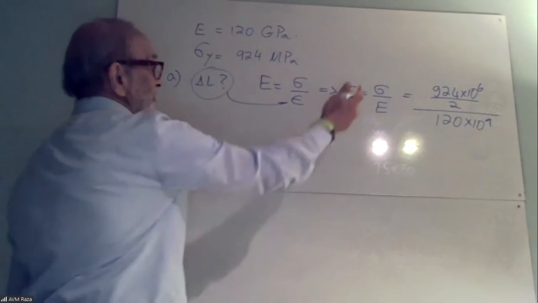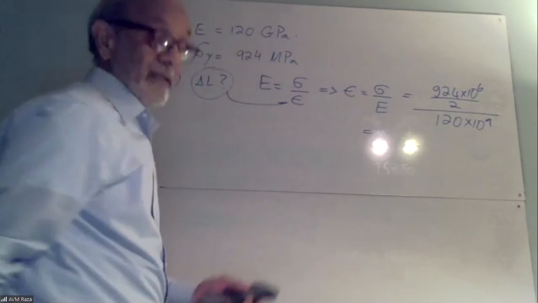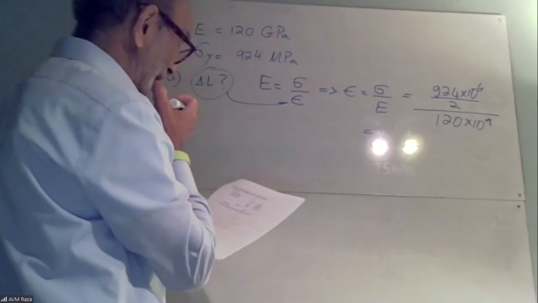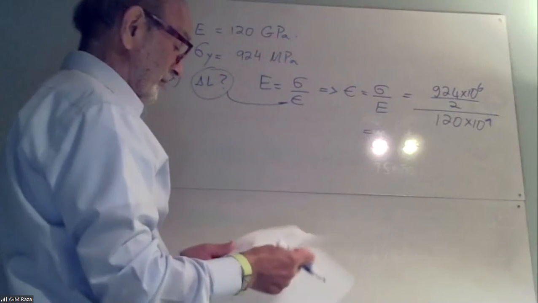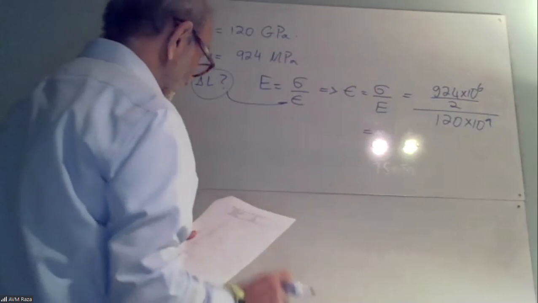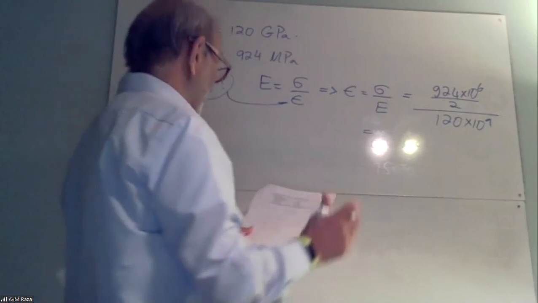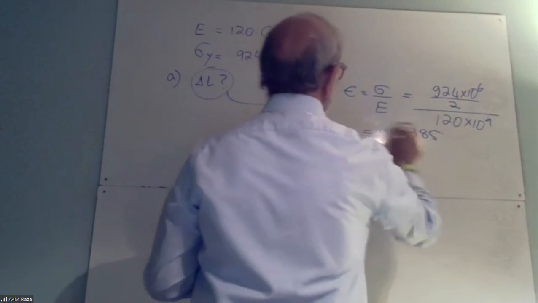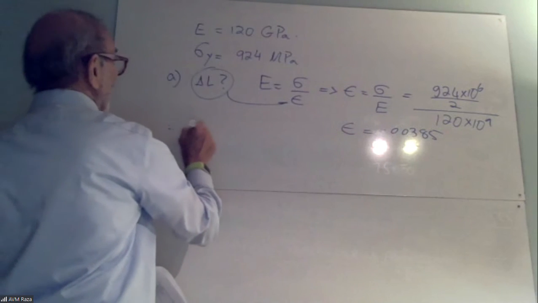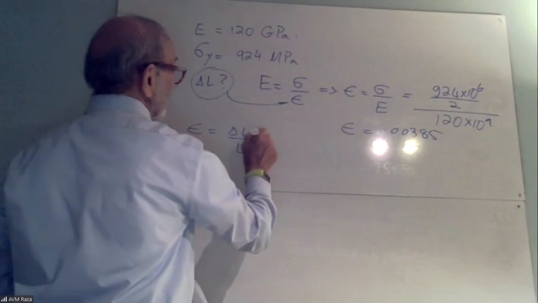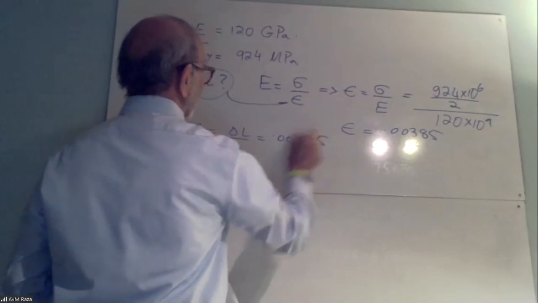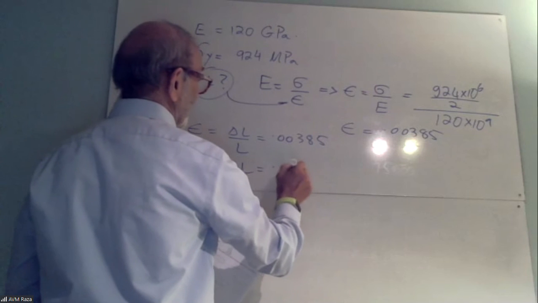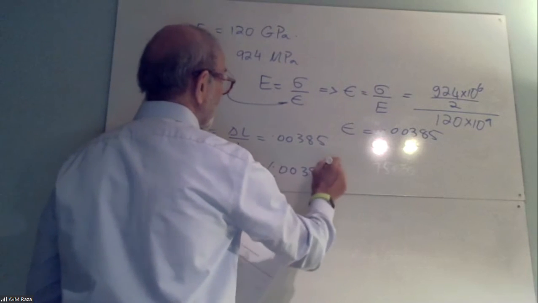And if you solve this, your epsilon comes out to 0.00385, and therefore epsilon is equal to delta L over L, which is 0.00385, which means delta L is equal to this quantity multiplied by the original length, which was 2 meters.